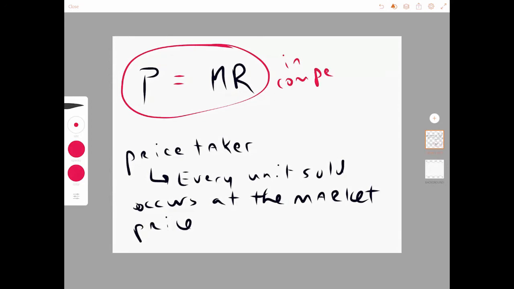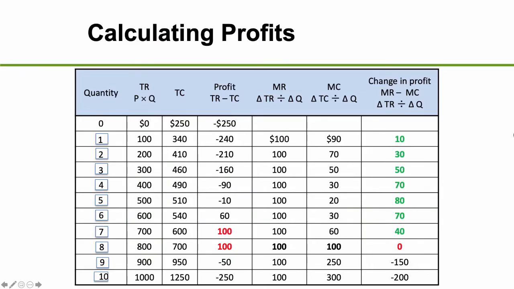In competition, because you don't have any power over price, every sale you make is at the same price. So that marginal revenue, the additional revenue from selling one more unit, has to equal the price. This is an important characteristic in competition. So when you see data, and if the price and the marginal revenue are always the same, you know you're in competition. Let me show you what I mean.